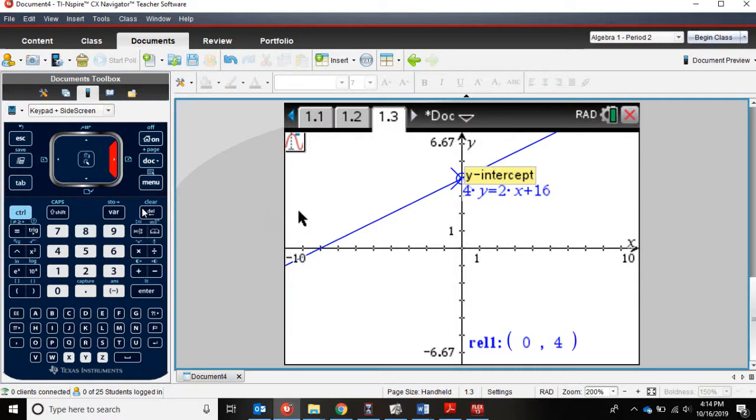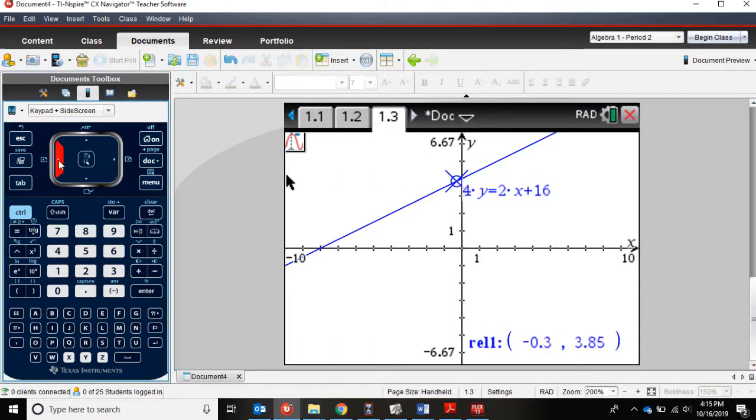So all I did is I pushed left once and then right once. You could see it's telling you the y-intercept, and my y-intercept is 0, 4, which makes sense because if I count on the graph, 1, 2, 3, 4, it crosses the y at 4. And now if I scroll to the left, and I keep going until I get to the 0, and it says the 0 is negative 8, 0.